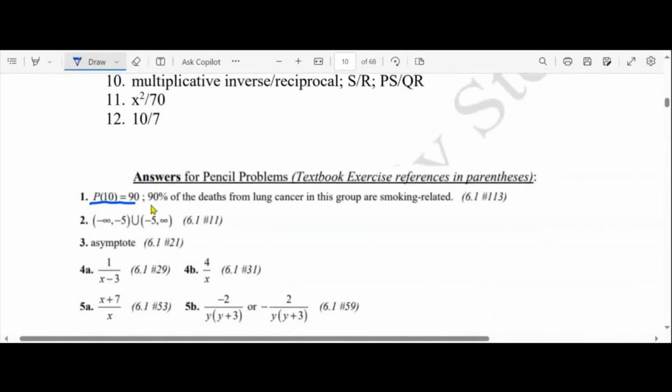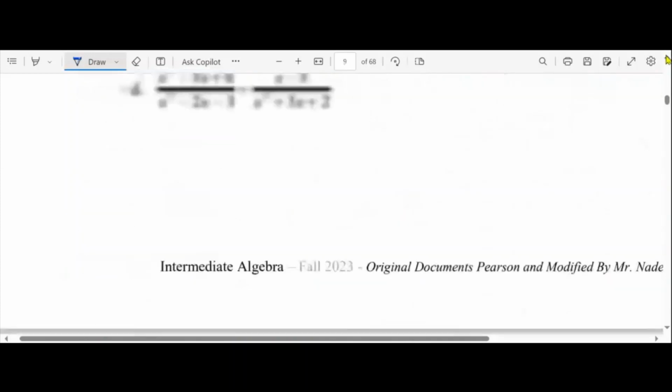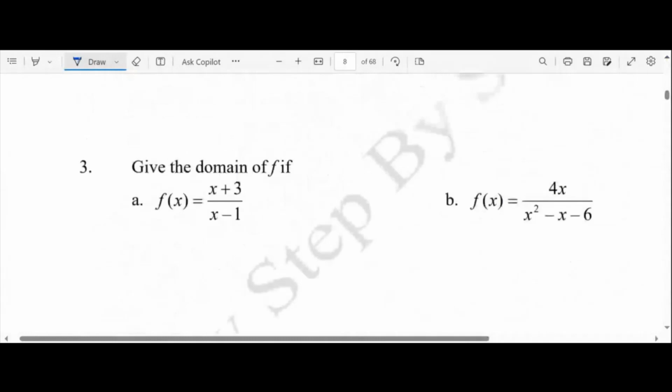Yes, we got 90. So it's 90% of deaths from lung cancer in this group are smoking related. That's the answer. Is this clear? Yes. So we got it correct. Any questions? Clear, everybody? Right. Let's go to the next question.